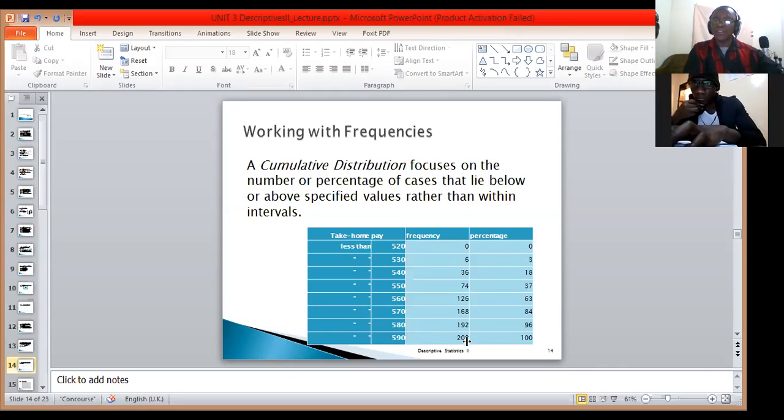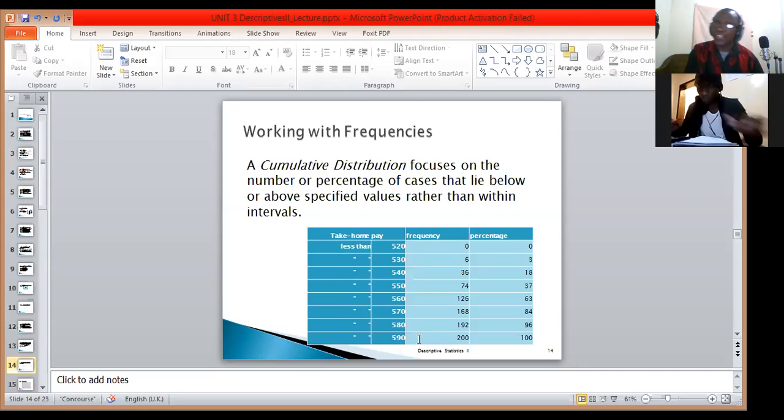Class 1 is 0, class 2 we add to class 1, class 3 add to class 2, class 4 add to class 3, until the last class gives us the sample size, which is the total frequency, 200.